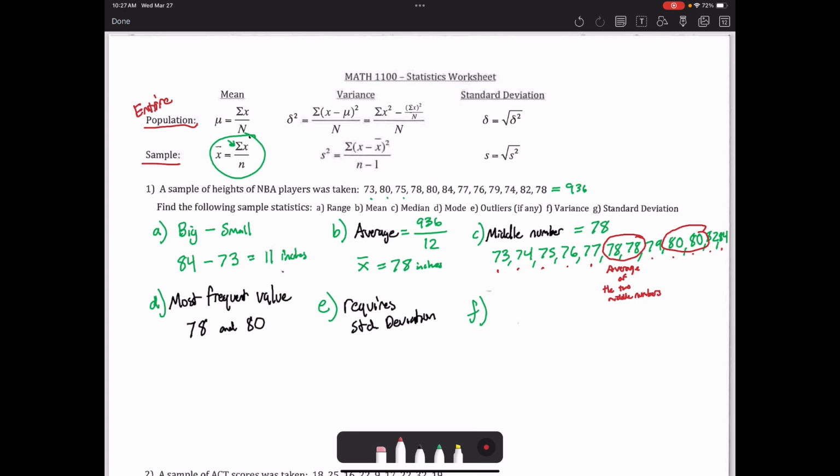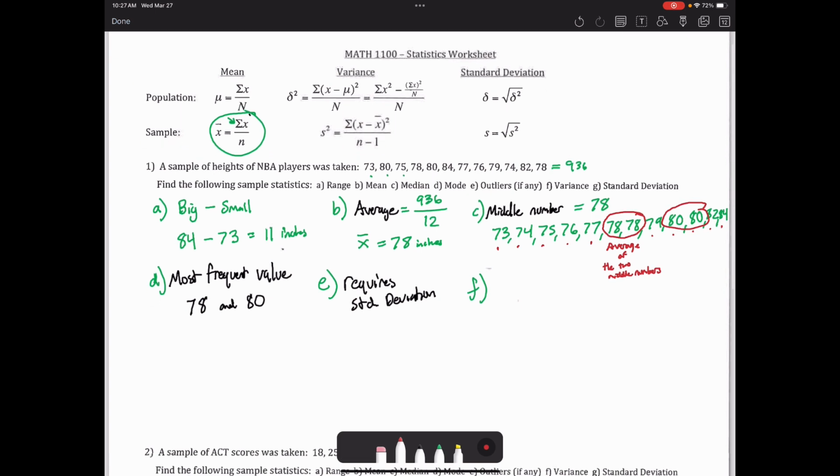But with a sample, you're recognizing the fact that there's a lot more data than what you're looking at, which means I need to make some allowances for the fact that there could be more data that could skew this. And so you'll notice with the variation for sample, I divide by n minus 1 instead of the total number of data values that I have.